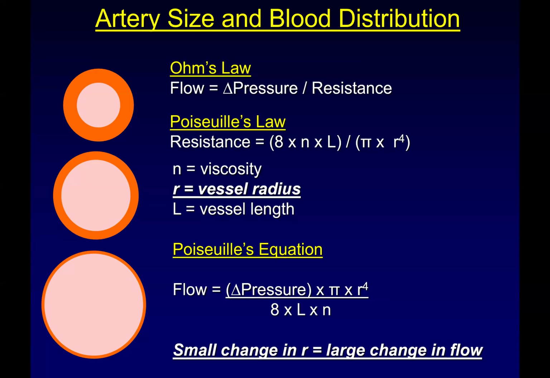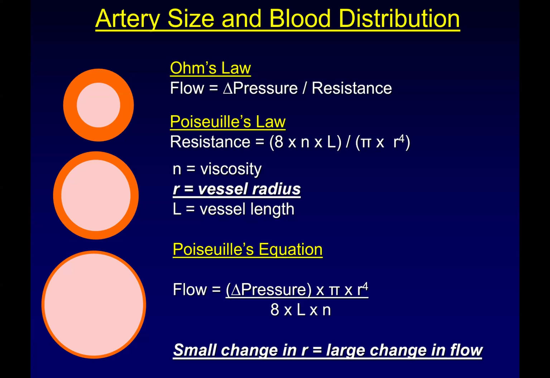What you see at the top is something called Ohm's law. Ohm's law describes that flow of a fluid or of air to a certain place is equal to the difference in pressure from one side to the other of that tissue, so aortic pressure versus pressure in the tissue, divided by the resistance.